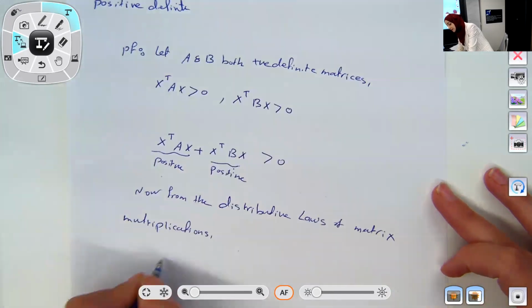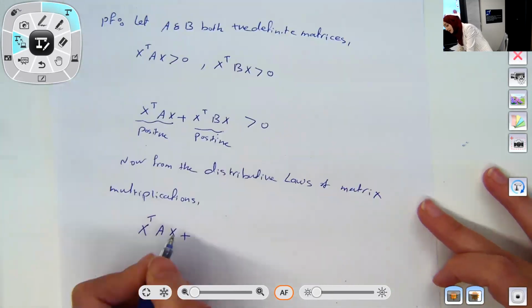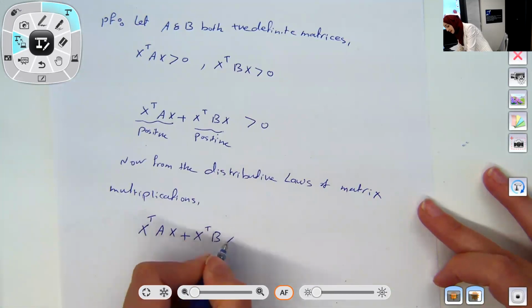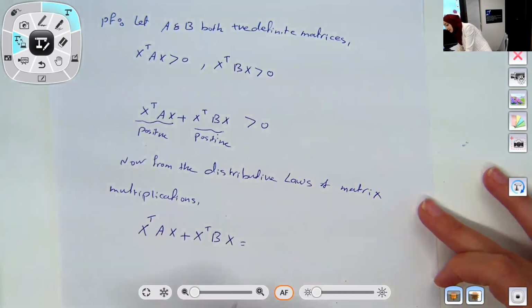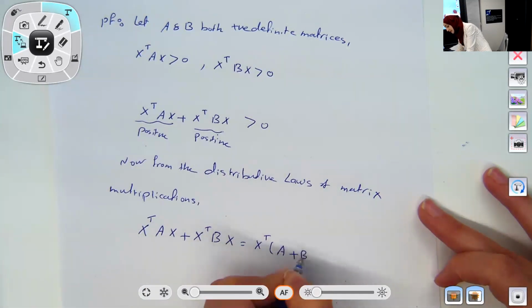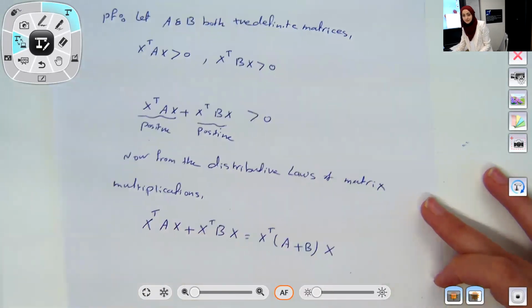We have x transpose A x plus x transpose B x, and we can write it as x transpose multiplied by (A plus B) times x.